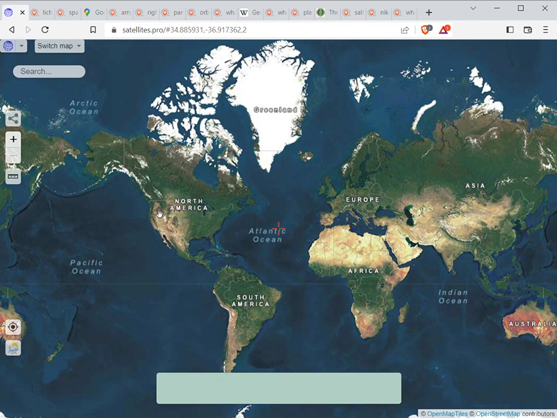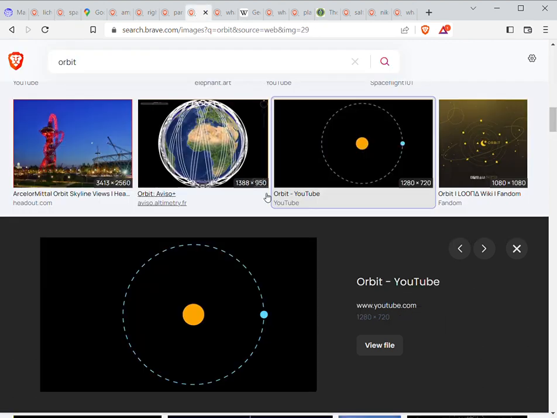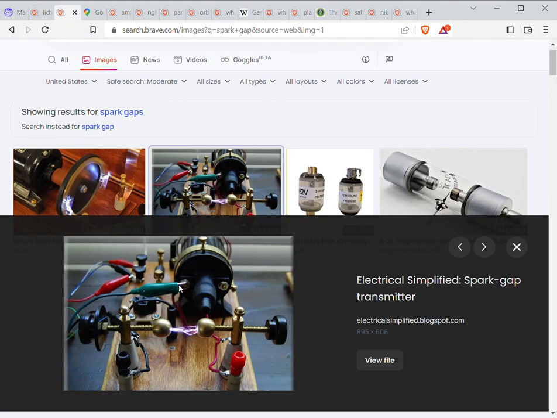I come over here to the Earth. I come over here to the spark gap. We're right about here. I come over here to our orbit. If we just stole the moon, and there's this demand to balance between these two potentials, and there's all the stuff that's happening between the Earth and the moon.